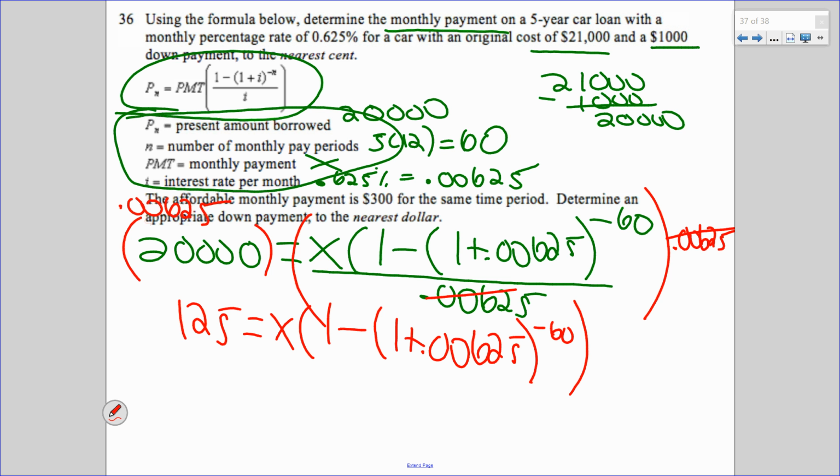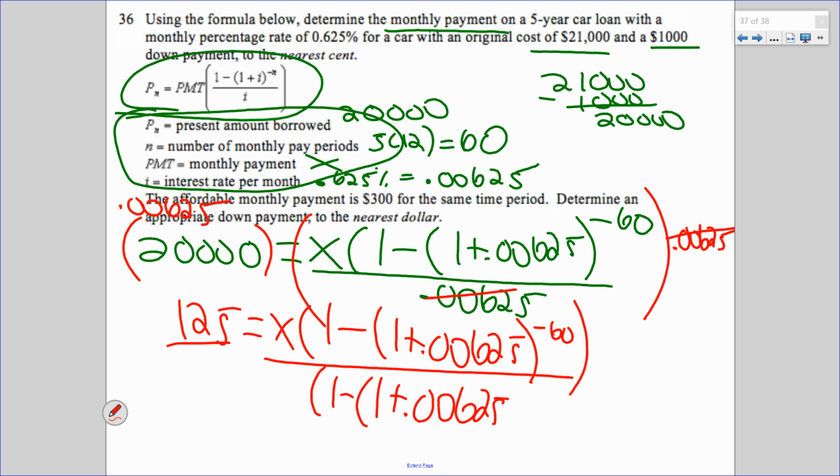Now, all I have to do at this point to get it by itself is divide by this monstrous thing. So that's exactly what I'm going to do. I'm going to divide by 1 minus 1 plus 0.00625 to the negative 60.